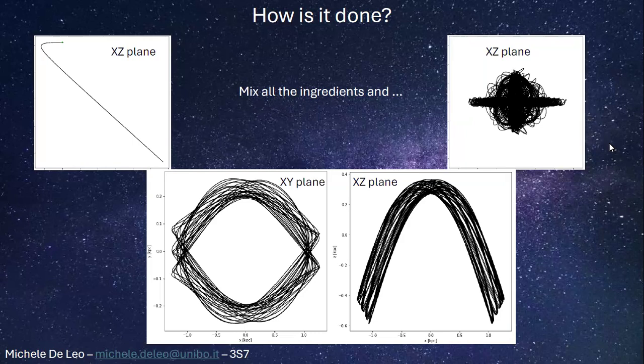One is here, which is basically a star that went too close to the black hole and so received an energy kick and just went away for the rest of the integration. And on the other side, there is another case where there was something wrong in the equations, and the star was gaining and losing angular momentum where it should not have.